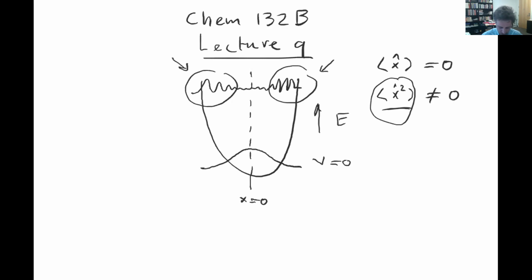To some people, this is confusing because x and x squared look very similar, but in fact, they're not. The mean square displacement and the mean of x are very different quantities. So this is definitely not the same as the square of the mean. These two things are not the same, so please differentiate between the two.